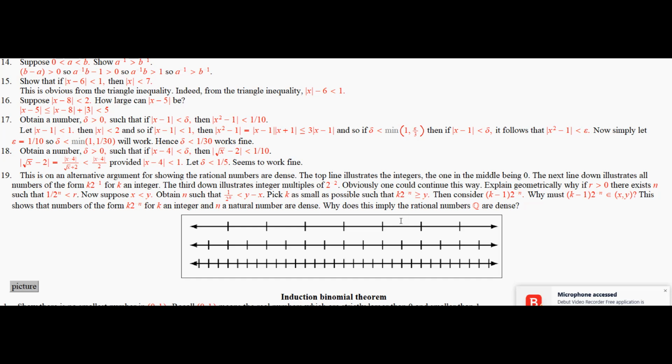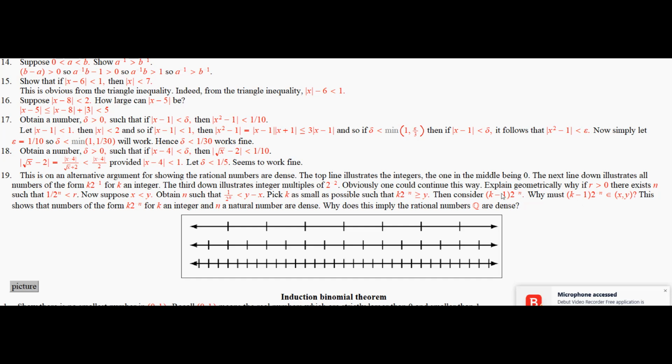So see, this could be y right here, say. And then I just pick the one that's closest to it, that's bigger than or equal to y. Then I could consider k minus 1 times 2 to the minus n. This must be smaller than y because k is the smallest one that is bigger than or equal to y.